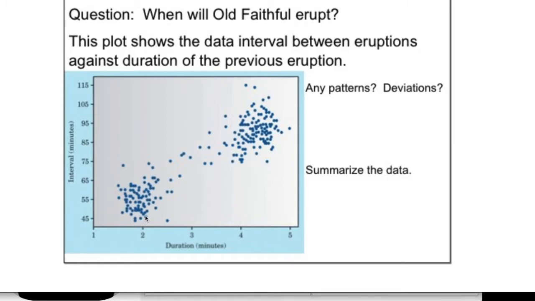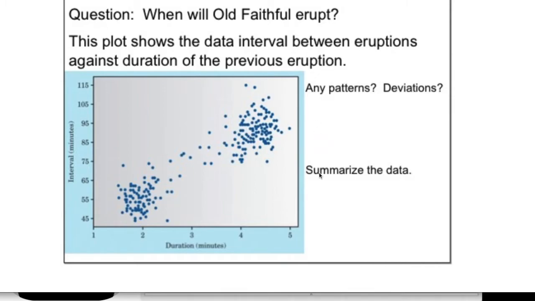One in this lower left corner where a lot of the eruptions are right around 2 minutes long. Then we have a little bit of a gap. There are some random ones here in the middle, but otherwise we have another cluster here at about 4.5 minutes long.